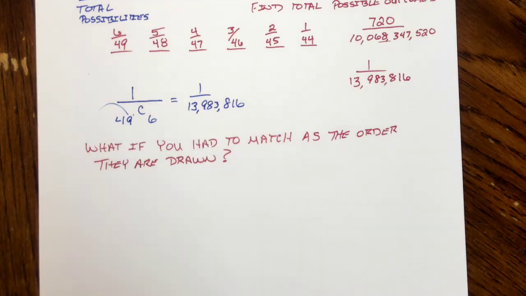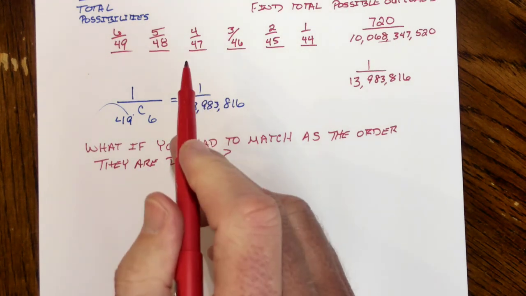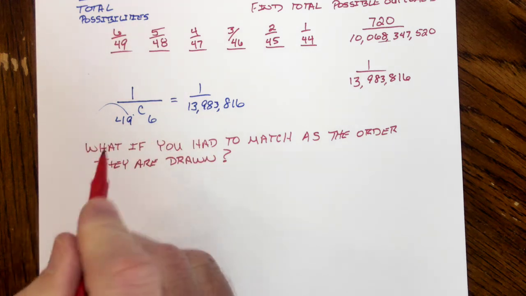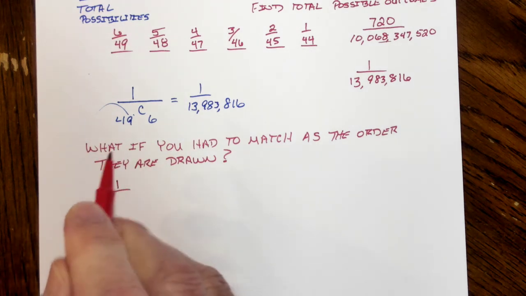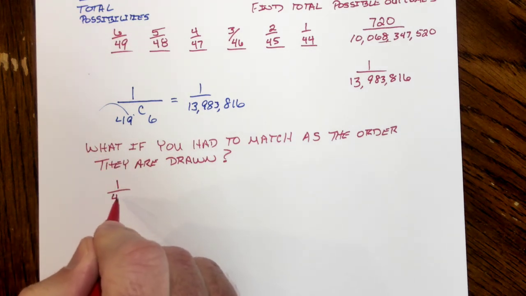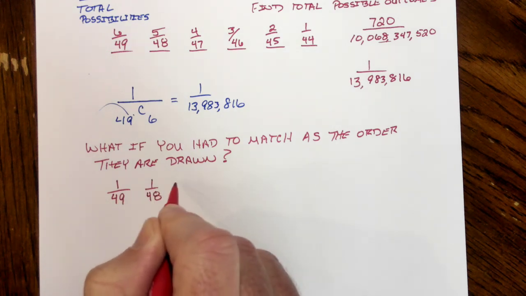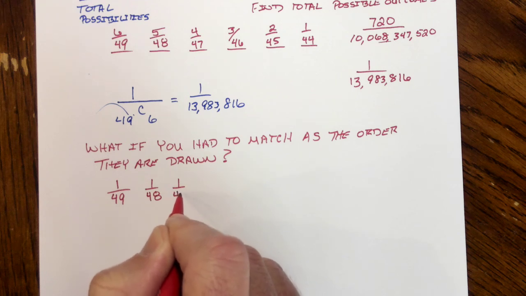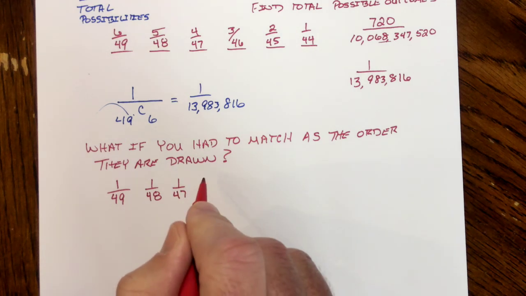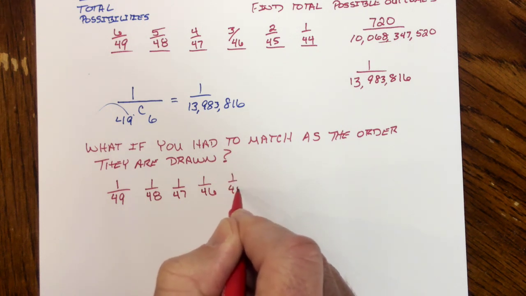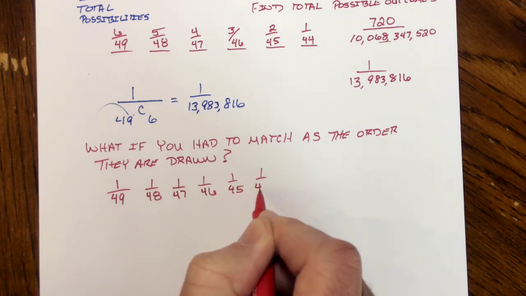Now order matters. So again, you've got your 2 choices, but now I don't have the possibility of any 6 happening. I've got to have only 1 happening out of that 49, then only 1 out of the 48. I can only match 1 out of the 47, and so on.